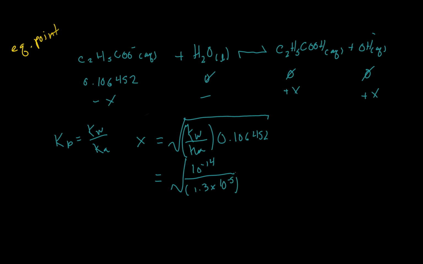That whole thing should be in parentheses, so we'll put around it what we can. Hey, not bad actually. Times 0.106452. Let's evaluate that thing. Okay, that gives me, 2 seconds here.